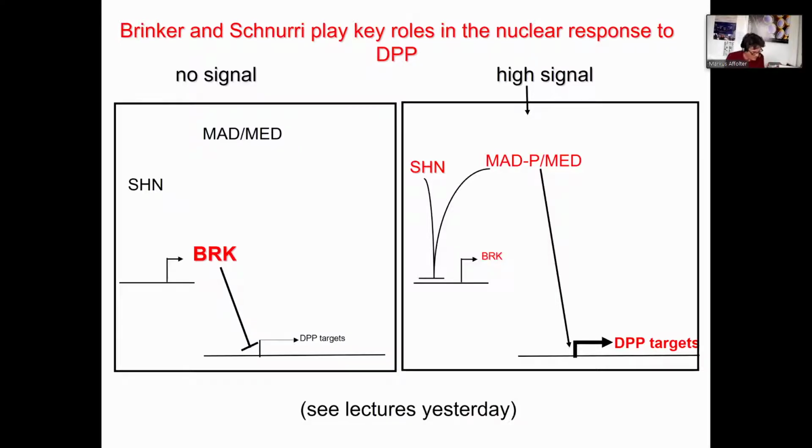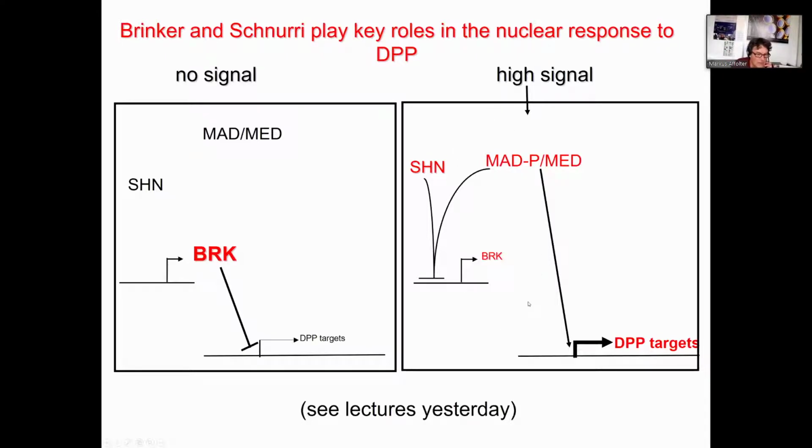And even more surprising, in vertebrates, nothing is known about this pathway. Maybe this is particular for flies. I don't think so. In vertebrates, there are several Schnurri genes. There are 3. Maybe there are other factors that take this role. You cannot define enhancers the same easy way as you can in flies.